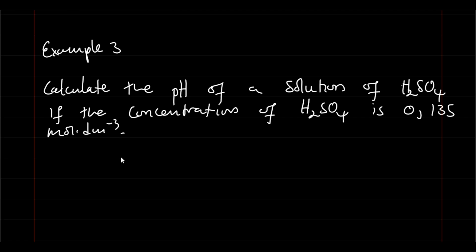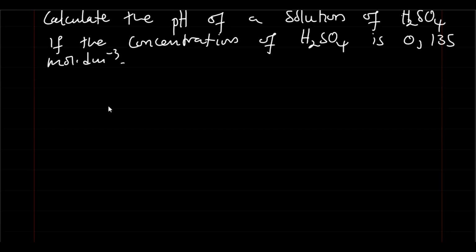So now note how this is very tempting. It is very tempting that you can just directly say pH is equal to negative log of concentration of hydronium, and you substitute that 0,135. It's tempting, but please don't do it.